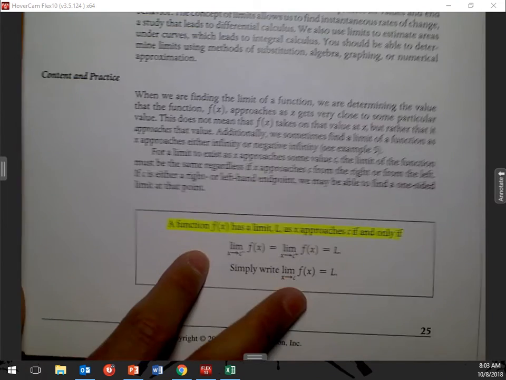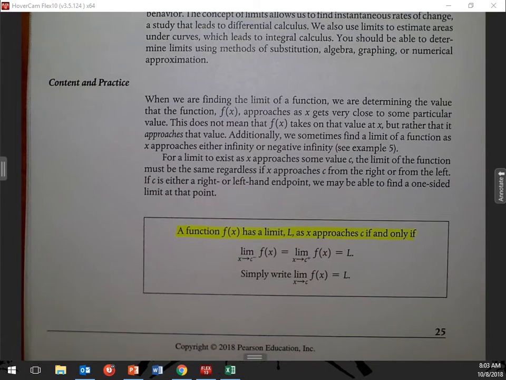Okay, so I'm going to start right here. It says for a limit to exist as x approaches some value of c, the limit of the function must be the same regardless of whether x approaches c from the right or from the left. If c is either a right or left-handed endpoint, we may be able to find a one-sided limit at that point.